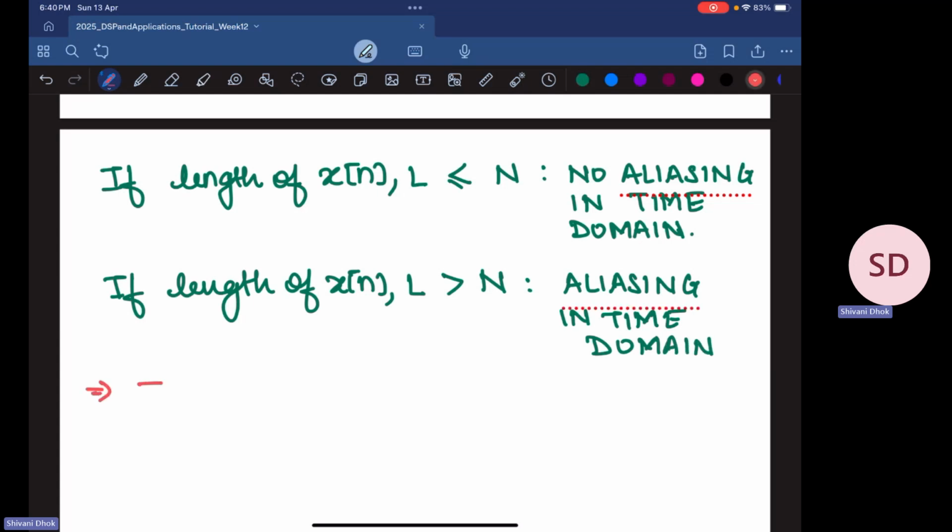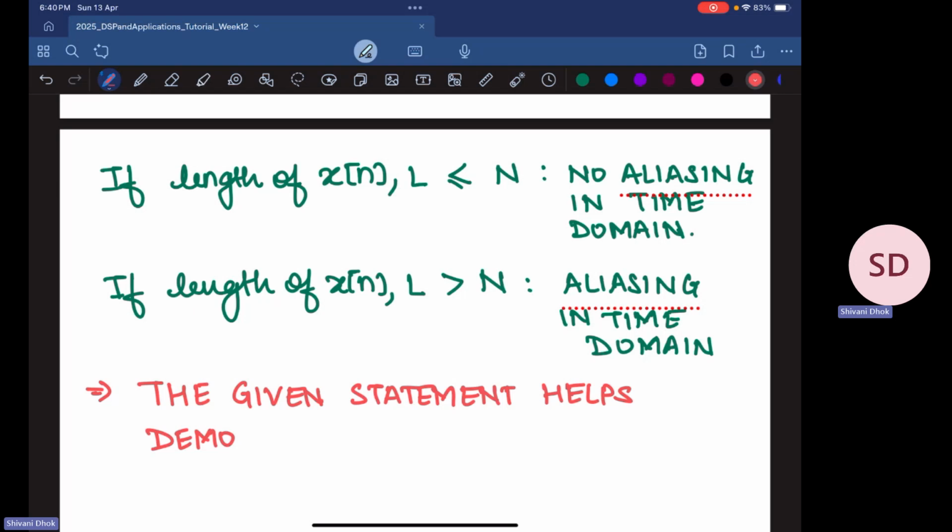This means that the given statement helps demonstrate the time domain aliasing.